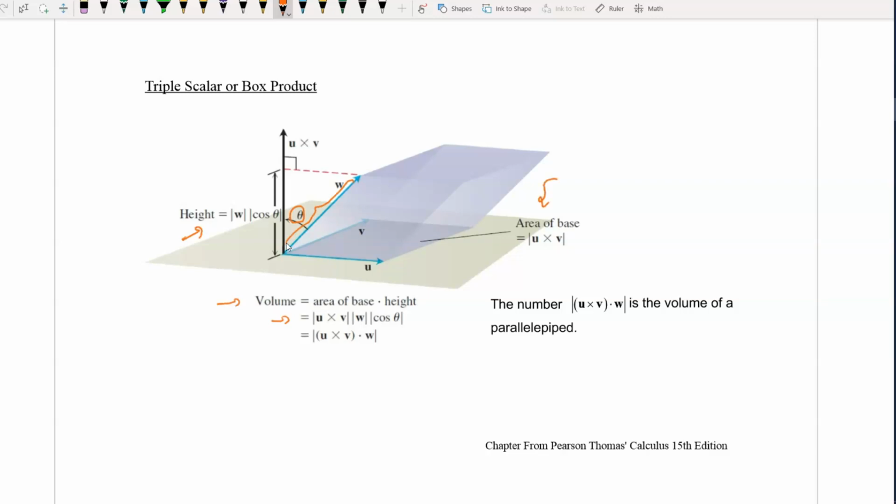And here the area of the base, which is this part, is equal to the magnitude of U cross V. So finally, to find volume, we use this part here, area of base, and this one, height. We multiply what we had here to find volume.